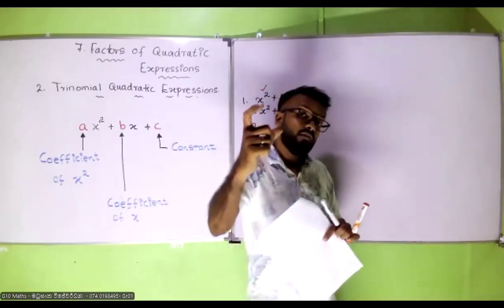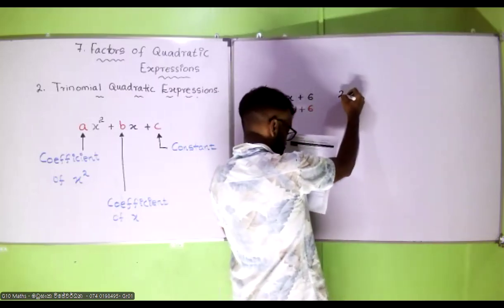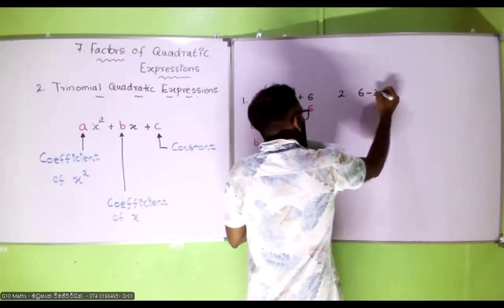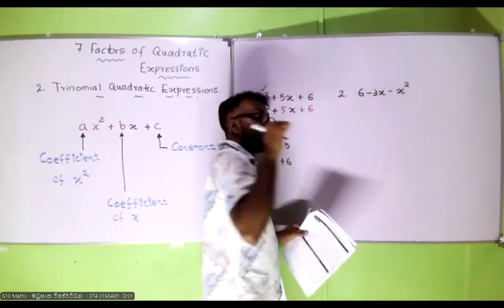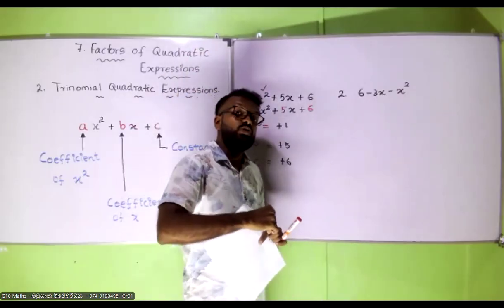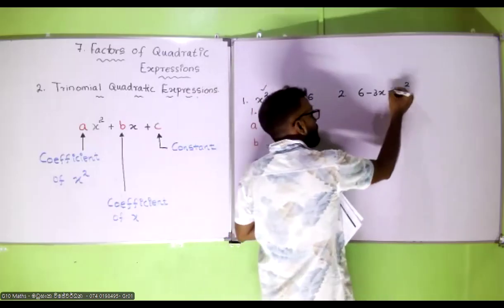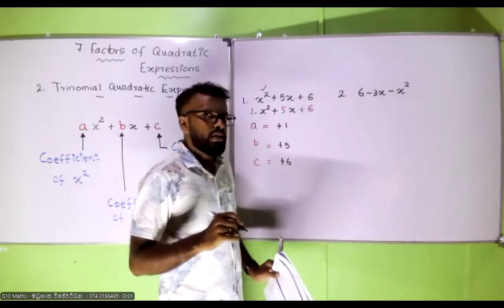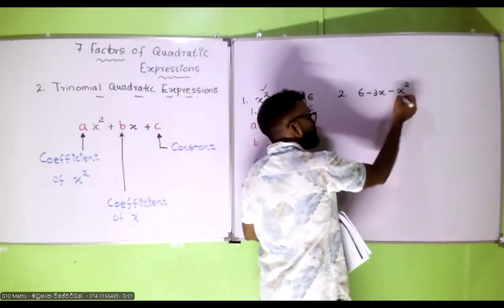I will do the second one. The second one is this: 6 minus 3x minus x squared. At first you can write ABC if you want. You are going to arrange these terms.